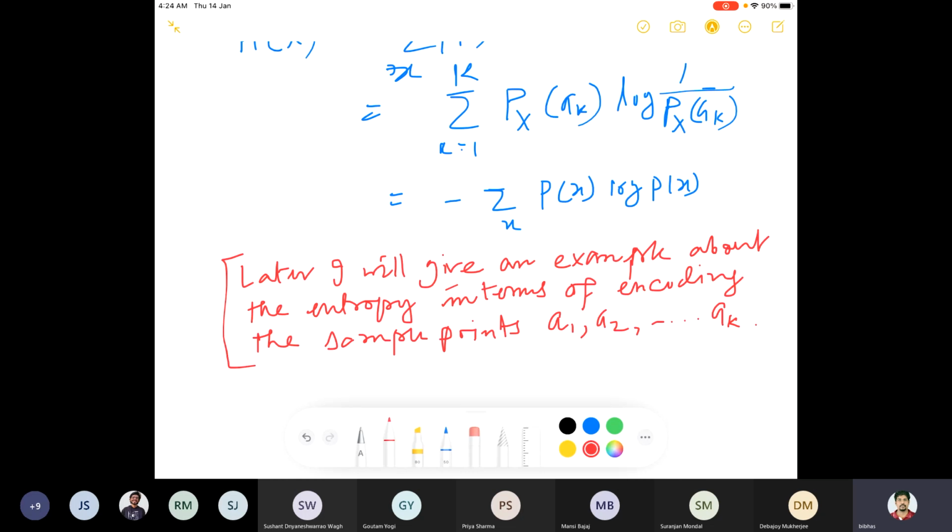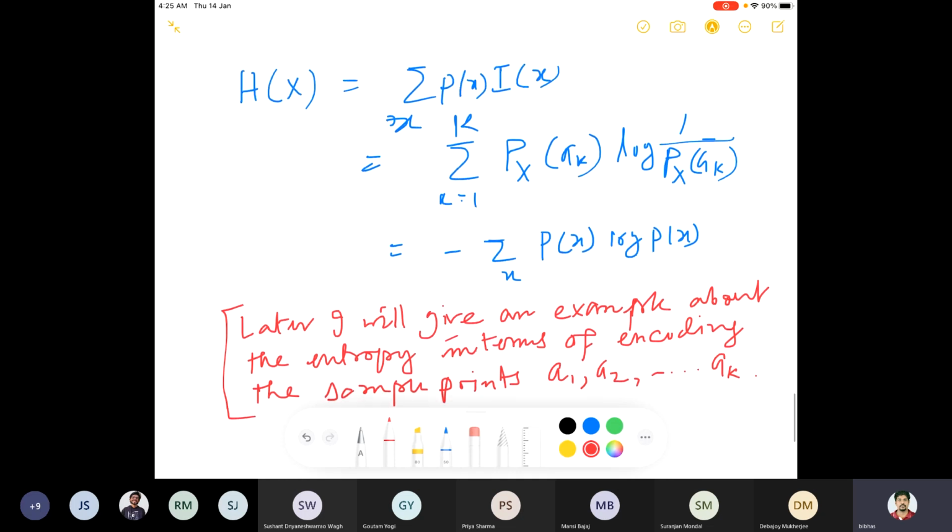There must be a mechanism, and there can be different mechanisms. Then the question is, what is the optimal way of associating strings of binary digits to each of these possible inputs for the transmission? That will be explained, and I'll relate that with the concept of entropy.